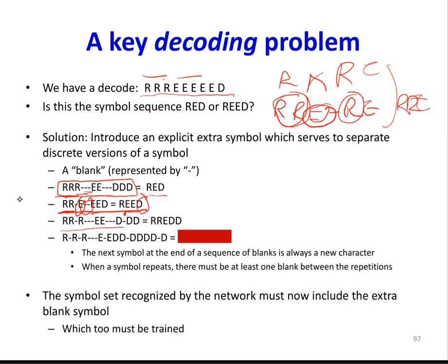So similarly, this guy over here, the two R's get compressed to an R, this hyphen is going to disappear, this R remains, these hyphens get compressed to nothing, these two E's remain, will get compressed to one, the hyphen disappears, the D stays, and then this one hyphen disappears, and then the two D's become a D. So I'm going to get RREDD.